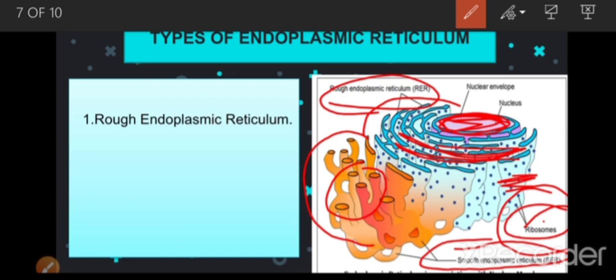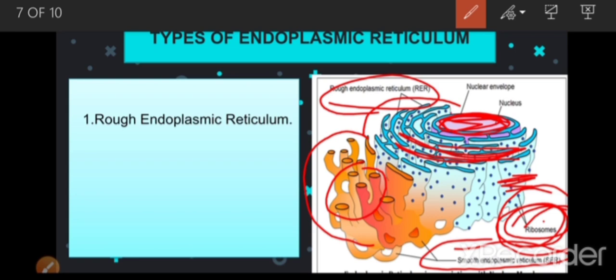We learned in our previous point, when learning about the nucleus, that ribosomes are synthesized in the nucleolus and come out through the nuclear pore. While coming out, some of the ribosomes stick to the endoplasmic reticulum and some are scattered in the cytoplasm.